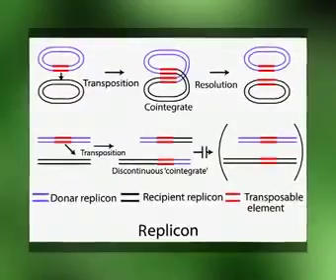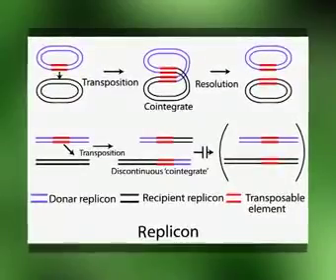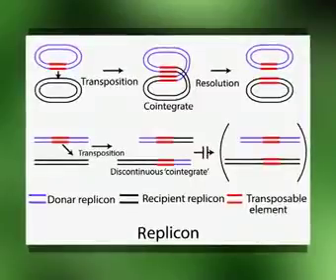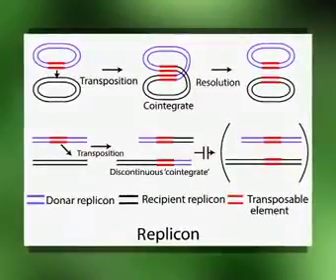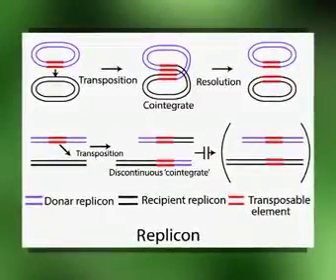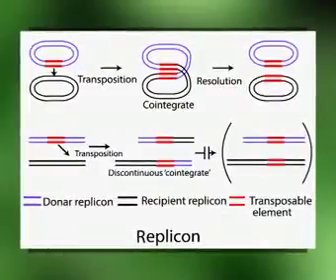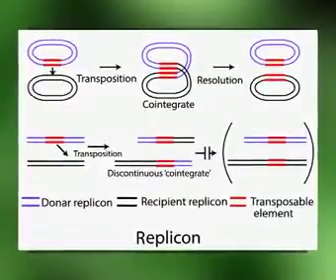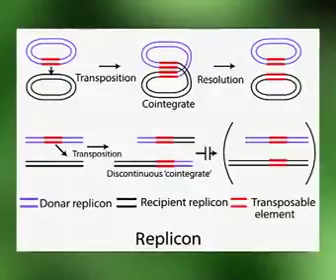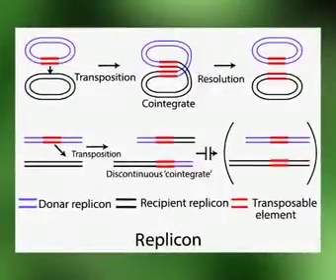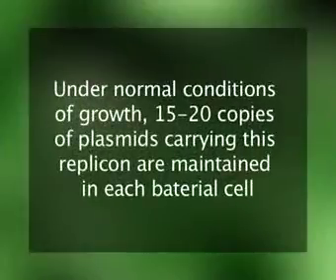Most plasmid vectors in current use carry a replicon derived from the plasmid pMB1, which was originally isolated from a clinical specimen, and its close relative is called the ColE1 replicon. Under normal conditions of growth, 15 to 20 copies of plasmids carrying this replicon are maintained in each bacterial cell.